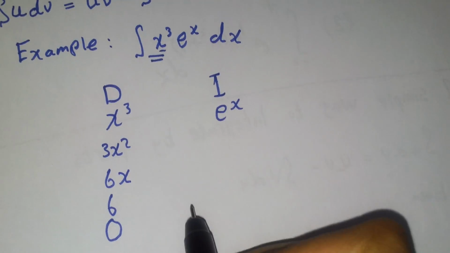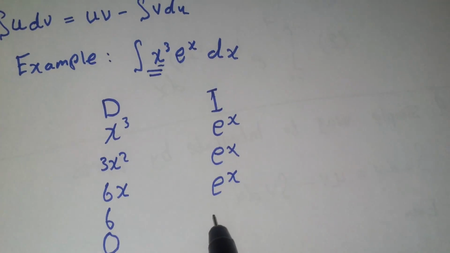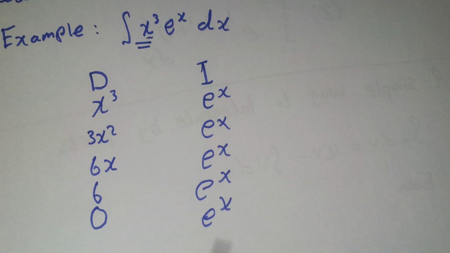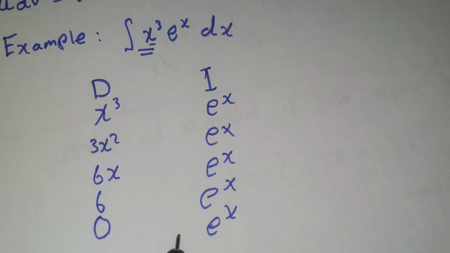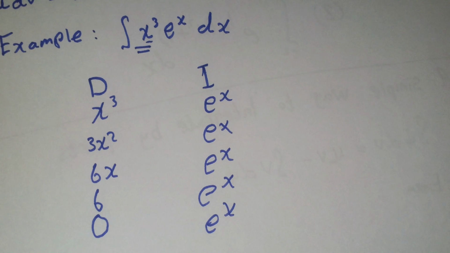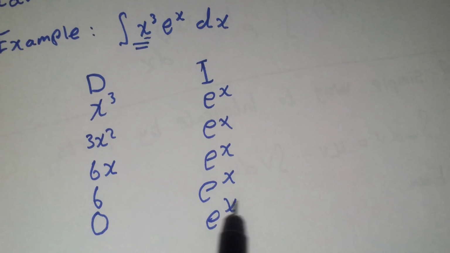We reach 0. The integral of e^x is e^x, and e^x. You're going to need to integrate e^x the same number of times you differentiated x cubed to reach 0.